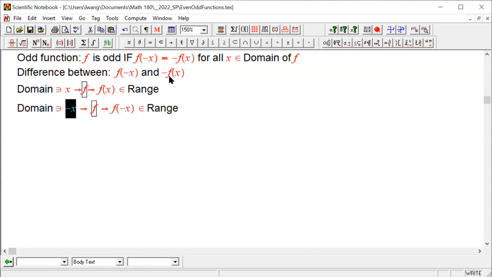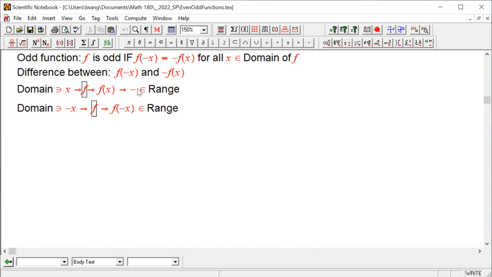When we talk about f of negative x, this is what we meant. When we put a negative sign in front of the x, what does that mean? For the other one, you have to go one more step to negate f of x, the opposite of the output.